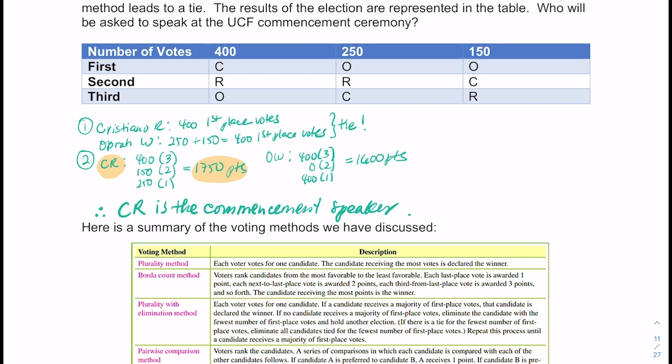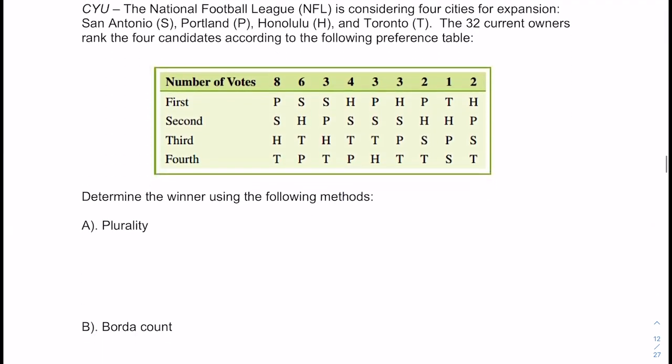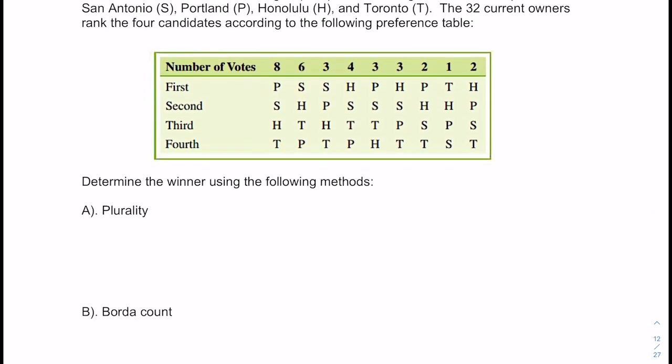There's a brief summary there of the 4 different voting methods, which I don't want you to get confused with the next section, which is all about the flaws of the voting methods. So we're going to look at how each voting method may have a particular flaw.